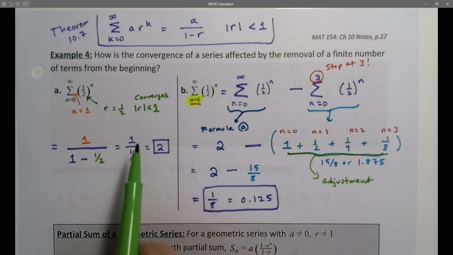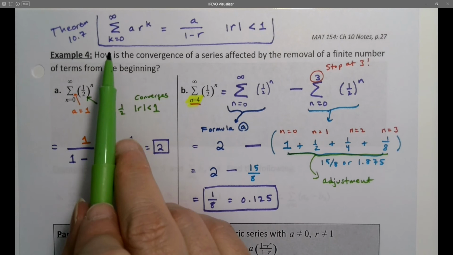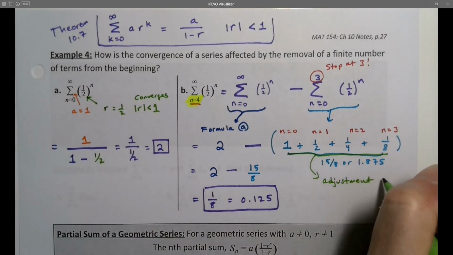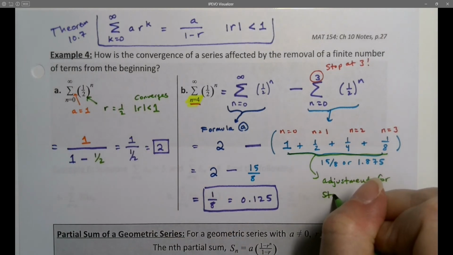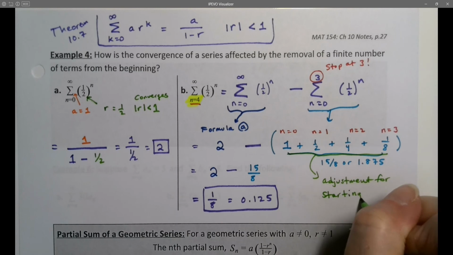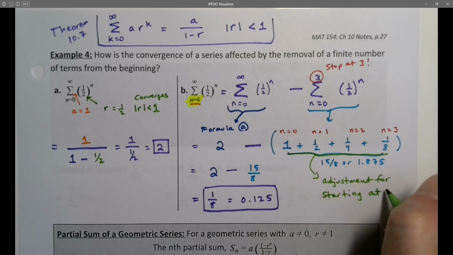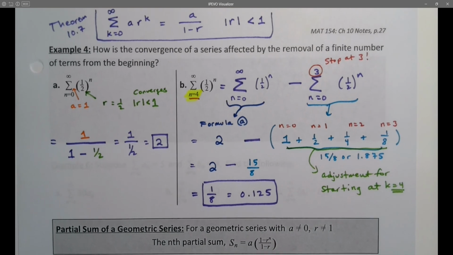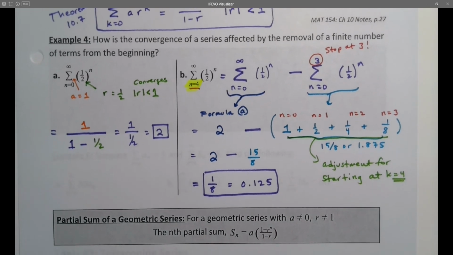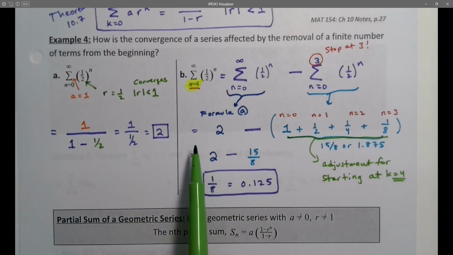So 2 is the sum when it starts at 0. So we're making an adjustment for starting at 4 instead of 2. Right? So because we're starting at 4 and we adjusted, this is what we get.